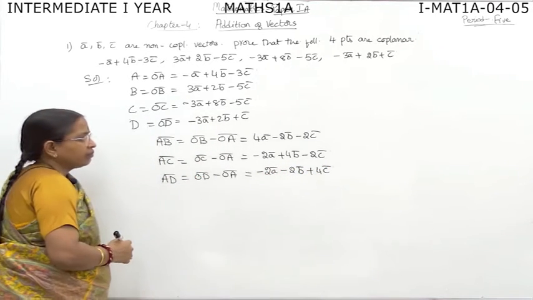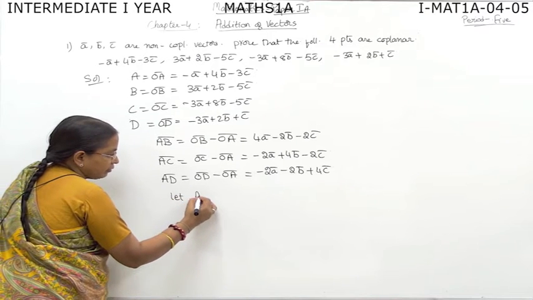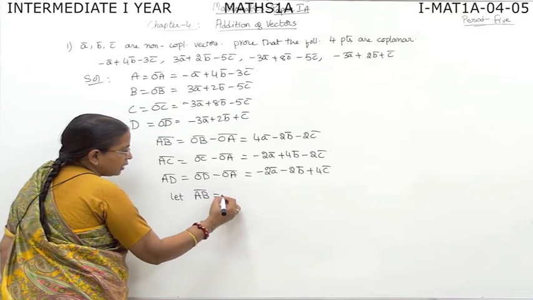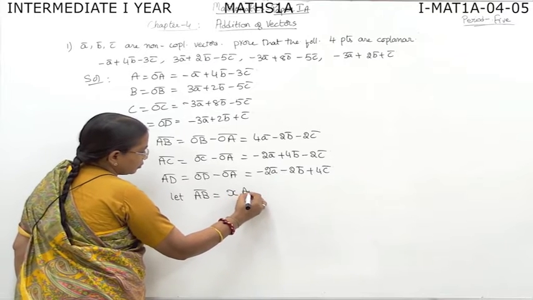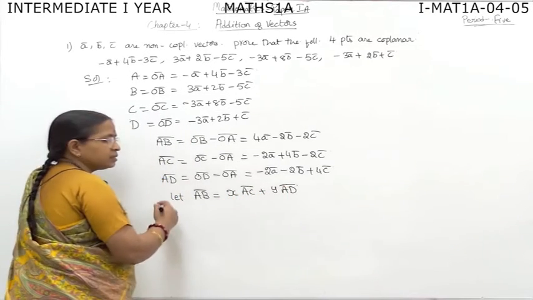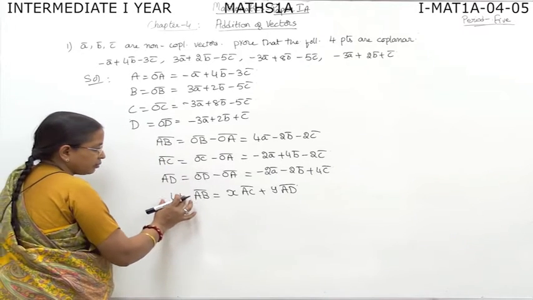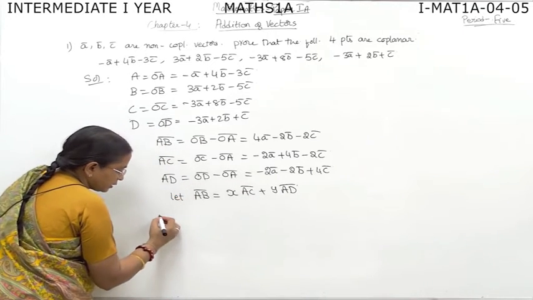Now what you do is you will assume that one vector is a linear combination of the other two, x AC plus y AD. This is the procedure to prove that the 4 points are coplanar. First convert them to vectors and then take this condition.